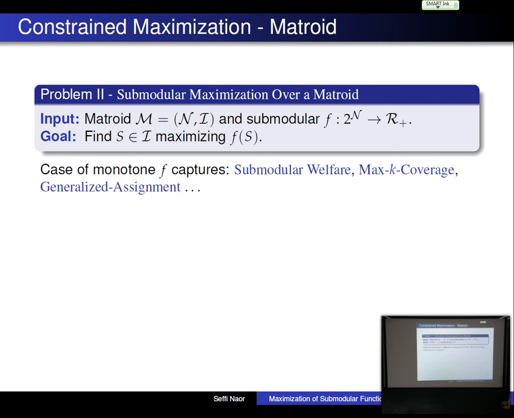This is already earlier work from the 70s, and even if our function f is monotone, it already captures submodular welfare, coverage, generalized assignment, etc.